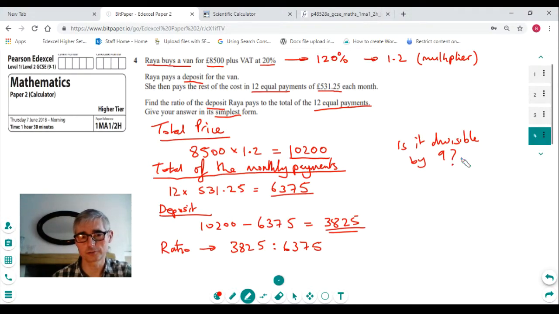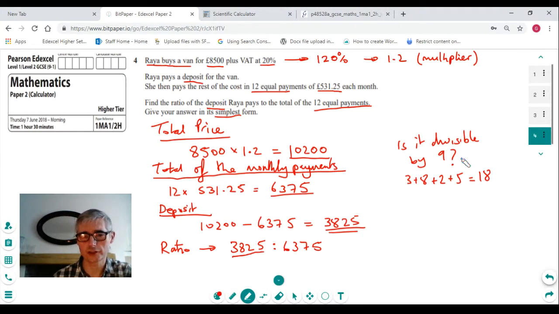So let's have a look. We can say, well, 3 plus 8 plus 2 plus 5 will give me 11, 13, 18. So that means because 18 is divisible by 9, so is 3825.